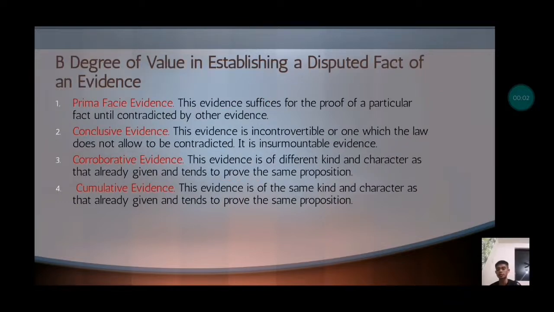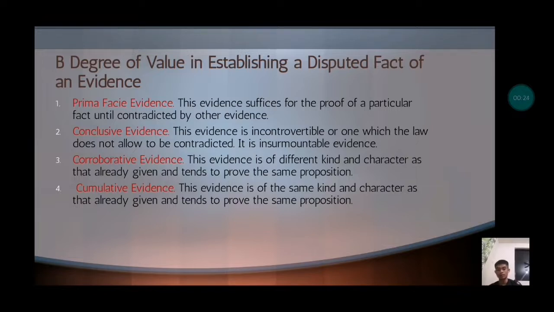And the next is letter B, degree of value in establishing a disputed fact. Number 1 is prima facie evidence. This evidence suffices for the proof of a particular fact until contradicted by other evidence. Number 2 is conclusive evidence.